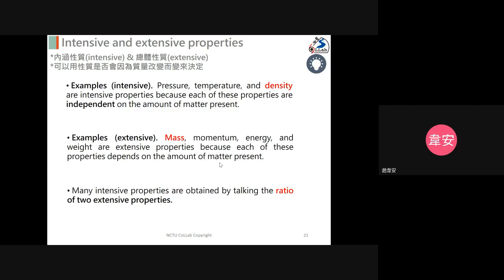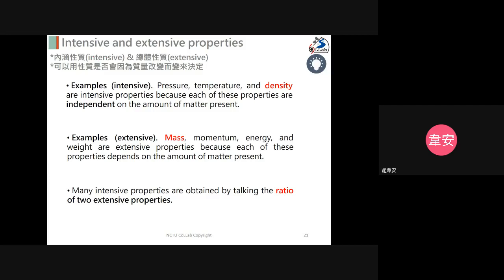So we divide the physical properties into two types. The first one is intensive properties, and the second is extensive properties.